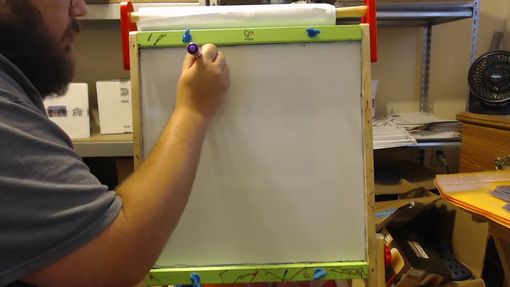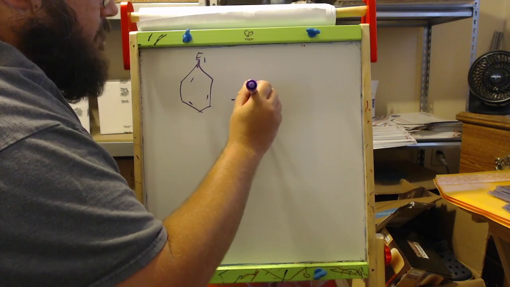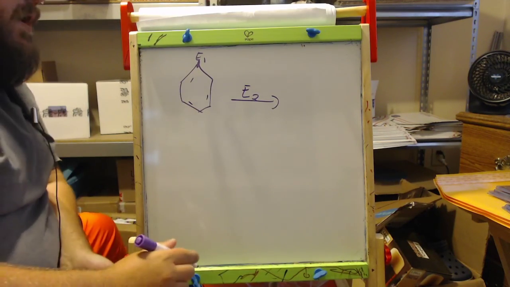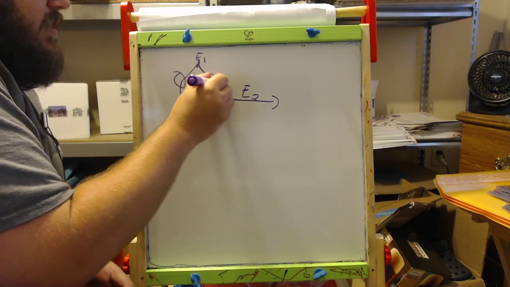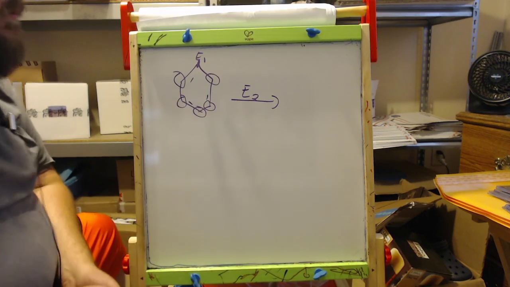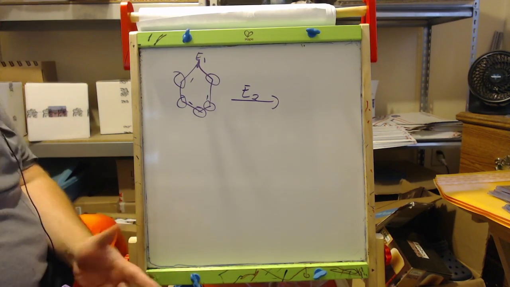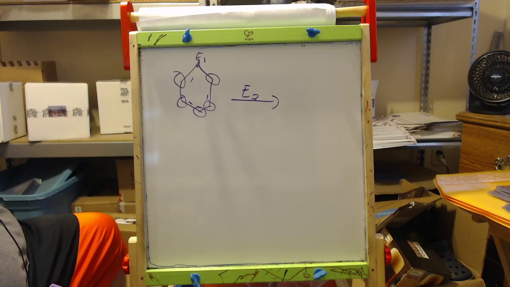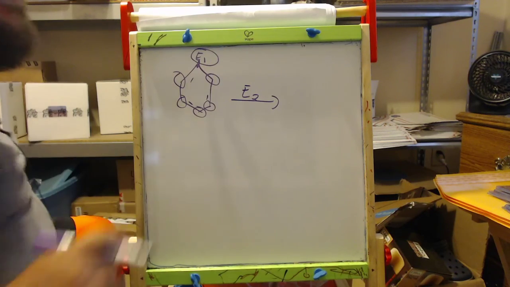We'll call it E1. Now, in my next step, I want to add E2. And the question is, where does E2 go? Does it go here? Here? Here? Here? Or there? It has 5 different spots it can go to. Well, where it goes is all determined by this substituent.